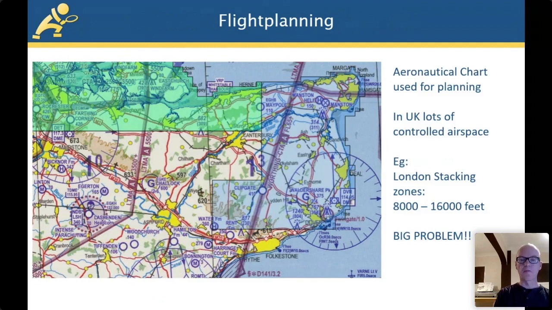So within this controlled airspace, which, for example, is much of the southeast over London, there are 4 stacking zones on the corners of the M25 where you probably have been circling in an aircraft waiting to land at Heathrow or Gatwick. These are between 8 and 16,000 feet, which is a huge problem.